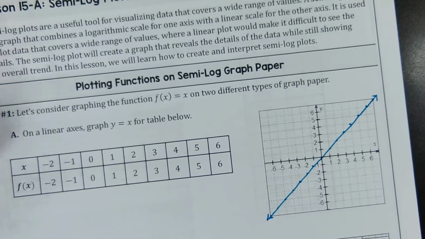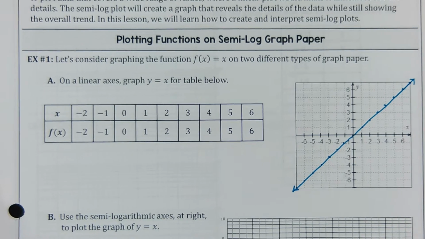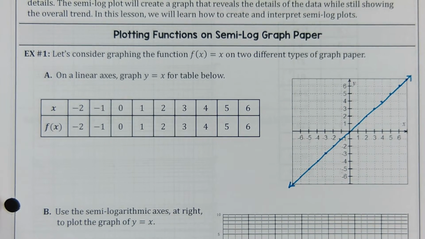There, they're connected. Yay, y equals x. Easy peasy. Now, we don't have a problem seeing all of the data values on this graph because it's a linear function with a linear scale, no big deal.